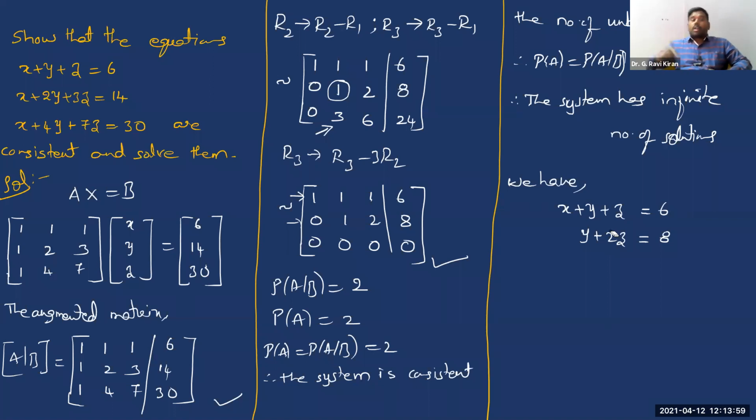When you have an extra unknown, look at it carefully. When you have an extra unknown, we need to take that extra unknown as arbitrary, right? So one unknown is extra. We are simply saying one unknown is extra, but we are not confirming that this particular unknown is extra. So you may take any unknown as extra, and you can take that extra unknown as arbitrary.